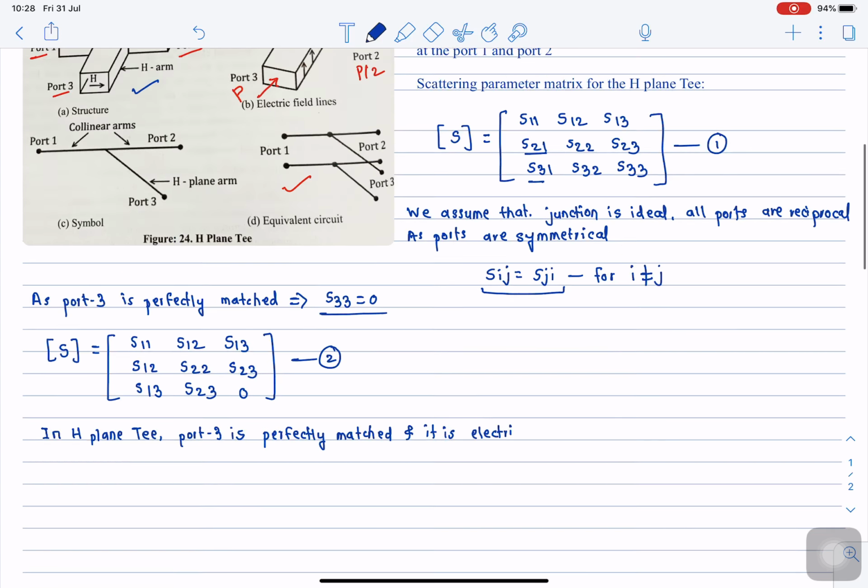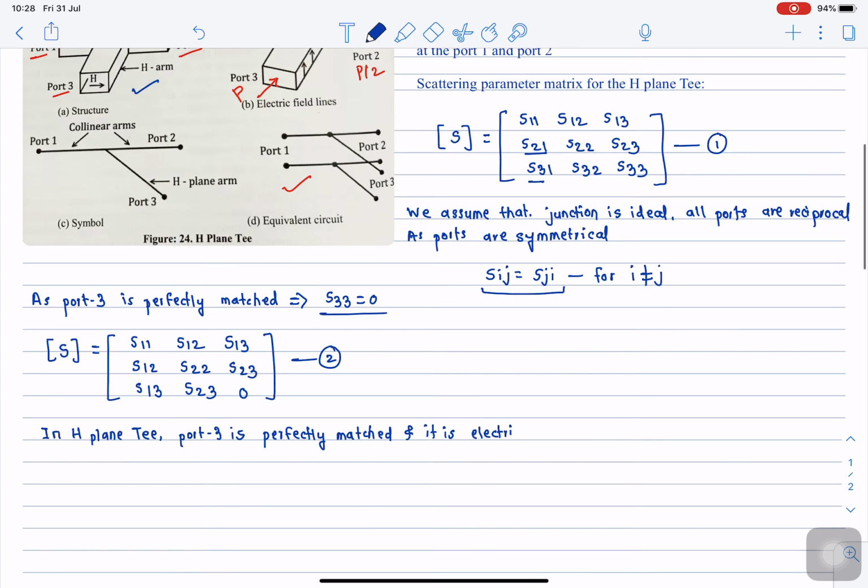See, if you recall this particular property over here, what we wrote: port 1 and port 2 are said to be electrically symmetrical with port number 3. So the same property I will write here. It is electrically symmetrical with port number 1 and port number 2, right?